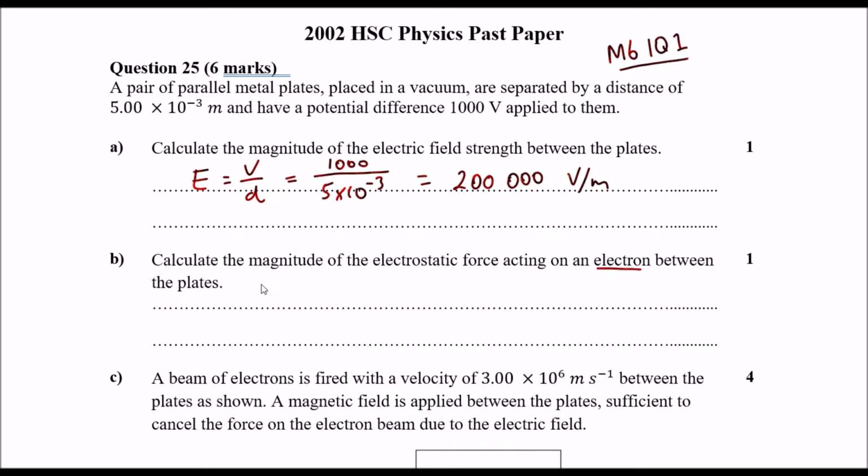So the equation we're going to use is F equals the charge of the particle times the electric field strength. Since we're dealing with the charge of an electron, have a look at your data sheet for what the charge of an electron is, and also we are only calculating the magnitude, so we don't need to consider the fact that the electron is a negative charge.